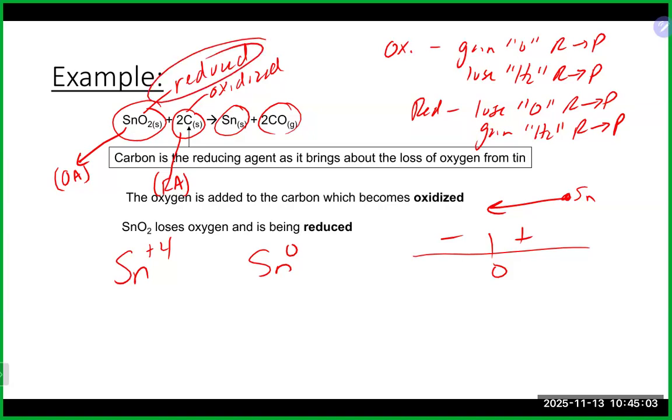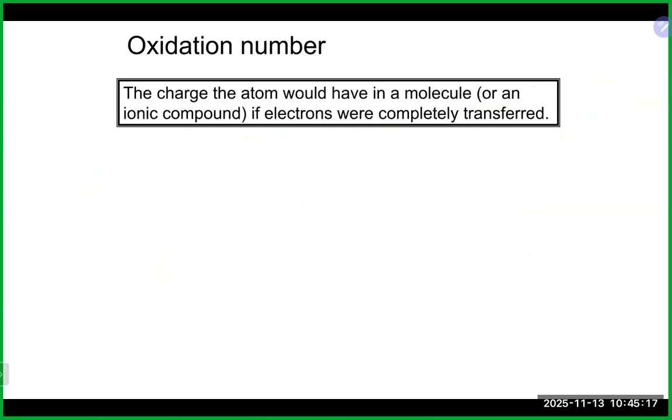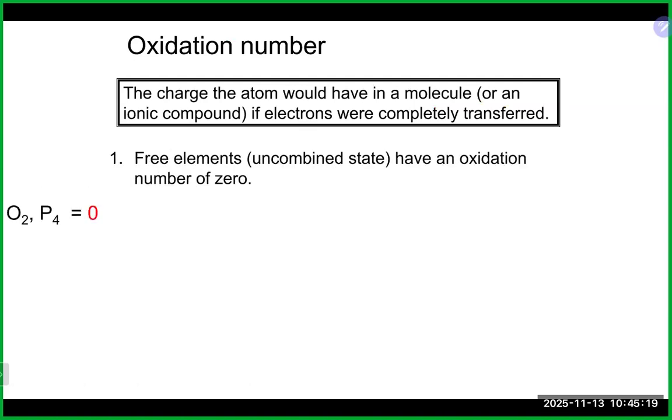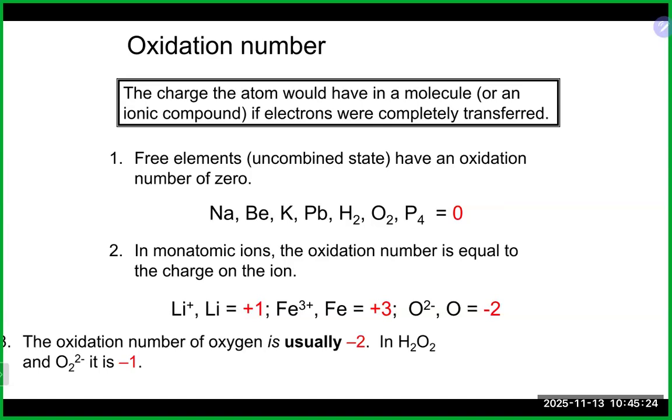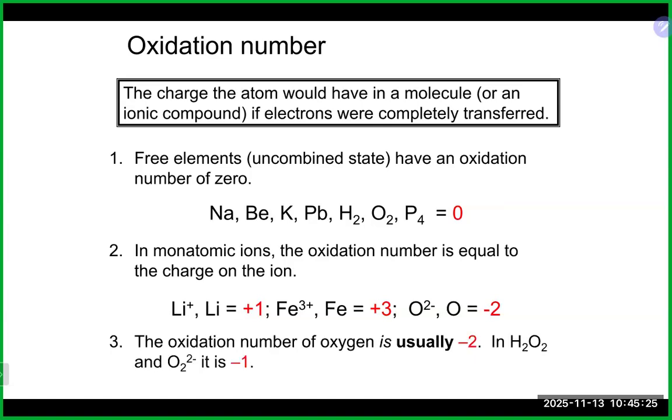So again, you happen to have a metal that would allow you to maybe figure it out a little bit easier. But again, we probably won't deal too much with the oxygen and hydrogen, but you definitely will when you go off to organic. Now, speaking of that, in order to be able to really analyze what is going on, we do have to know what the oxidation number of everybody is, also sometimes referred to as the oxidation state.